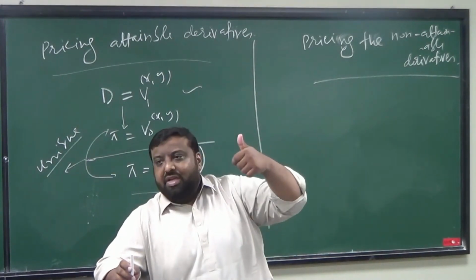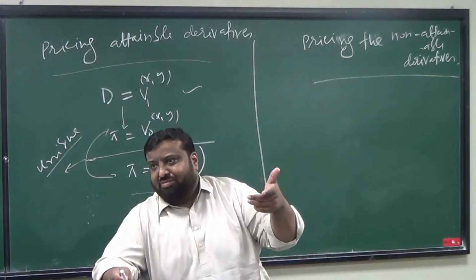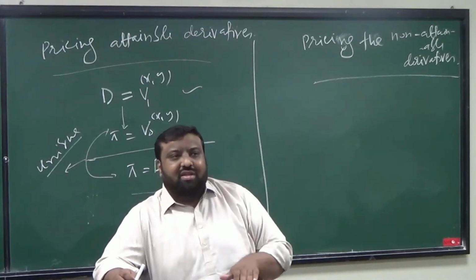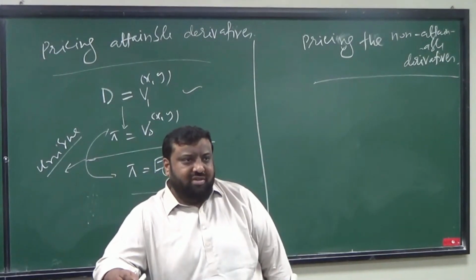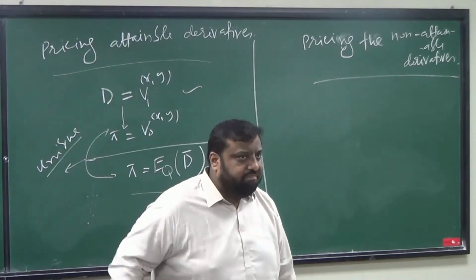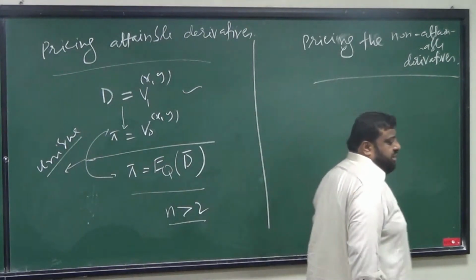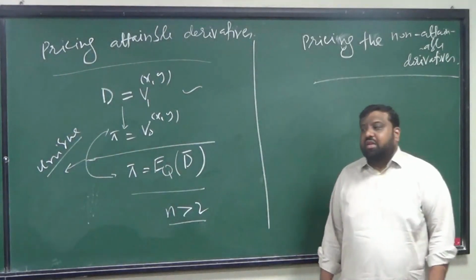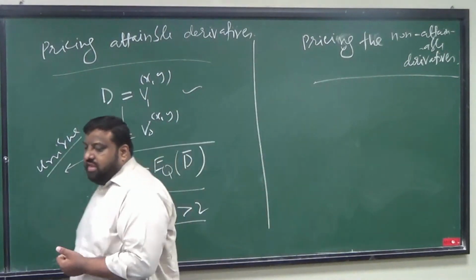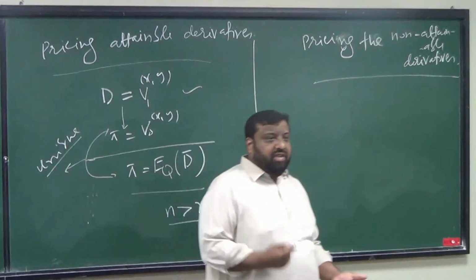This top price is called the ask price, which the seller is going to ask, and this lower price is the bid price. Because if you don't have uniqueness of your prices, then you're going to think about finding what should be the bid and ask price for your derivative.